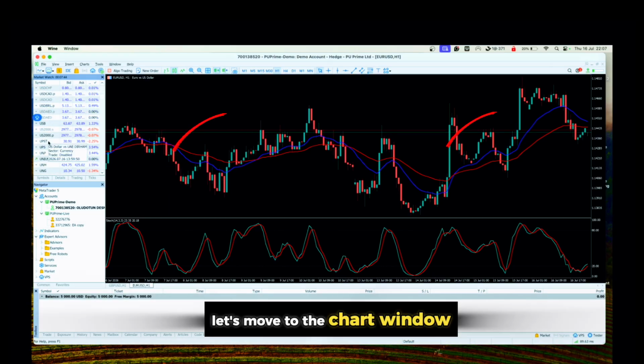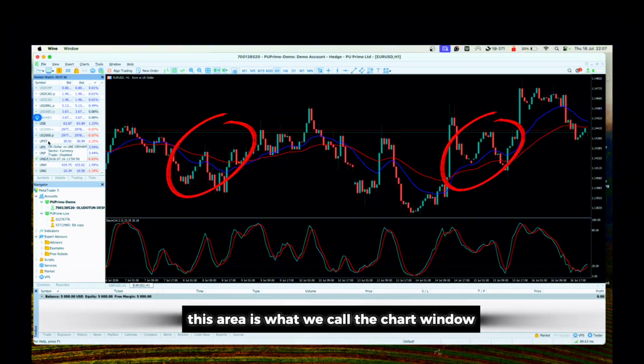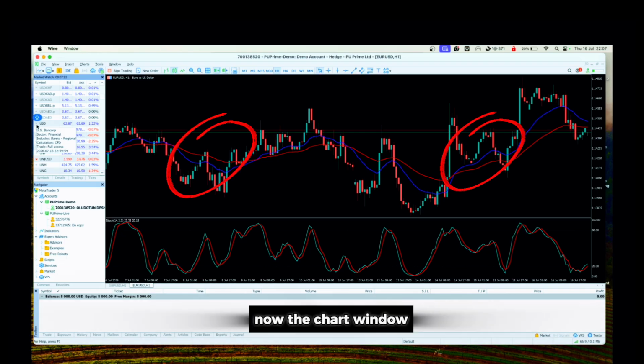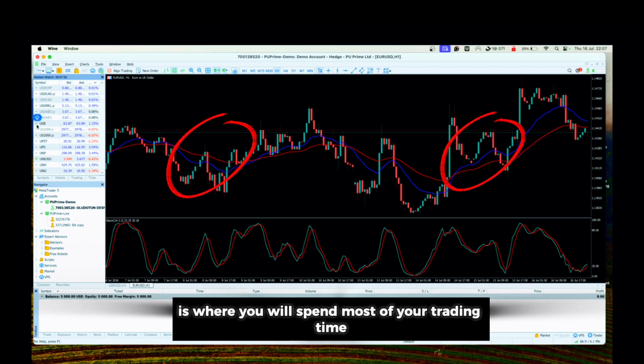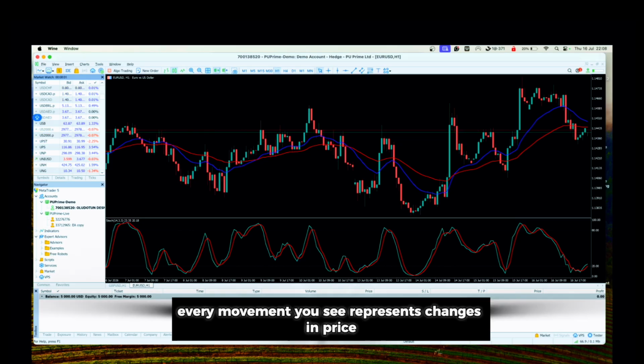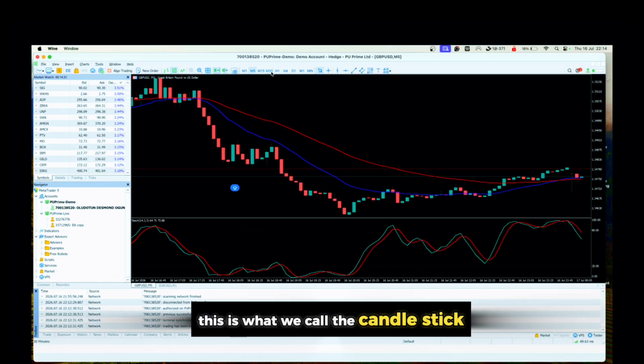So let's move to the chart window. This area is what we call the chart window. The chart window is where you will spend most of your trading time. Every movement you see represents changes in price. This is what we call the candlestick.